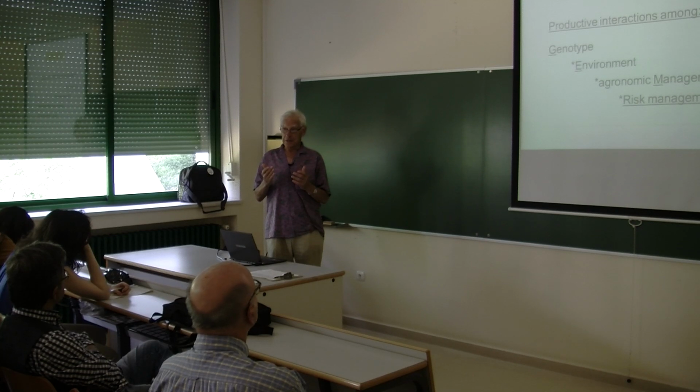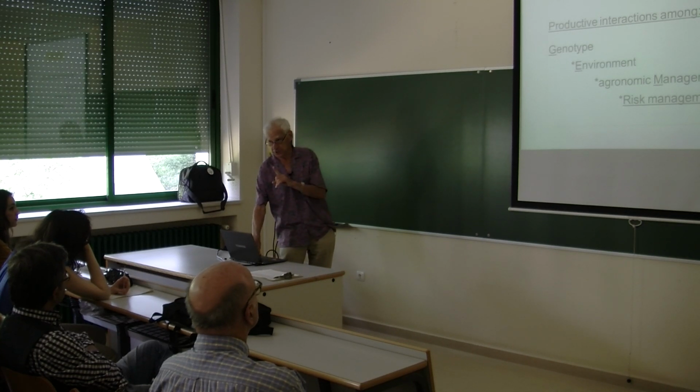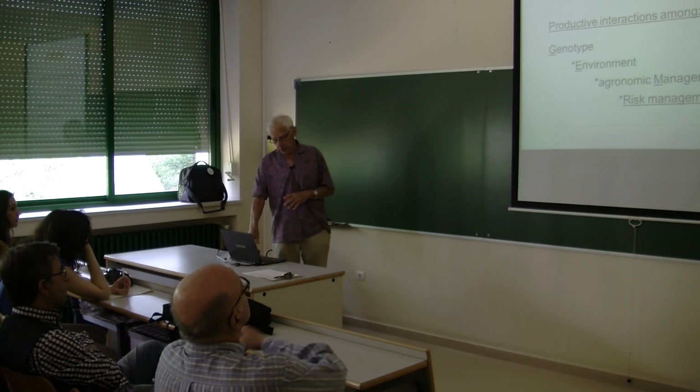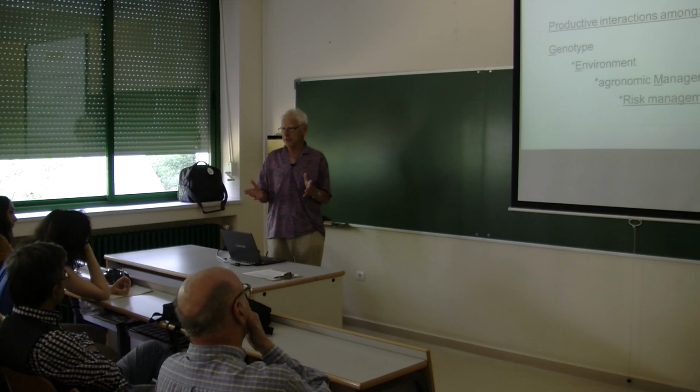This was just empirical, they had no idea why the crops were failing so much, but they succeeded with their risk management. Although we've separated risk management from agronomic management there, it's really part of the same thing.